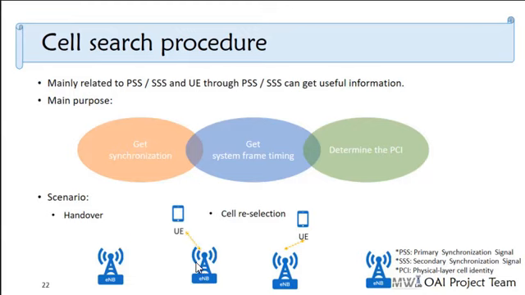So this is the handover situation. And for cell reselection, in the beginning you are in idle status, and after that it goes to the other cells, and you have a connection with the others.